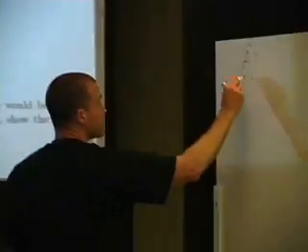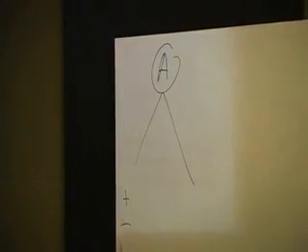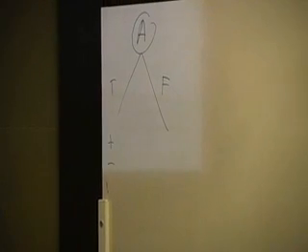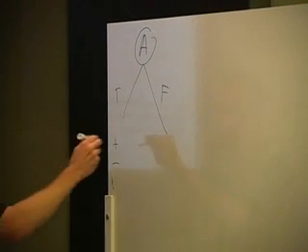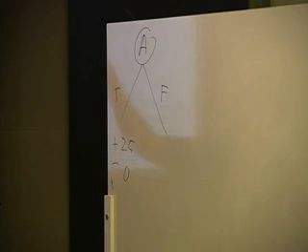However, if you split on A, this is A true, and this is A false. If you look at just the examples with A true, there are 25 positives and 0 negatives. When A is false, you see 50 negatives and 25 positives.